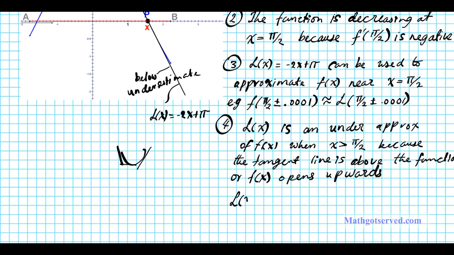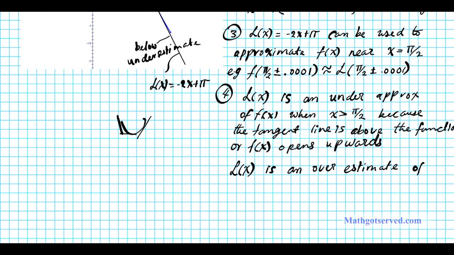L of x, the tangent line, is an overestimate. Over approximation, we can also call it overestimation, is an overestimate of f of x when x is less than pi over 2. Why is it an overestimation?